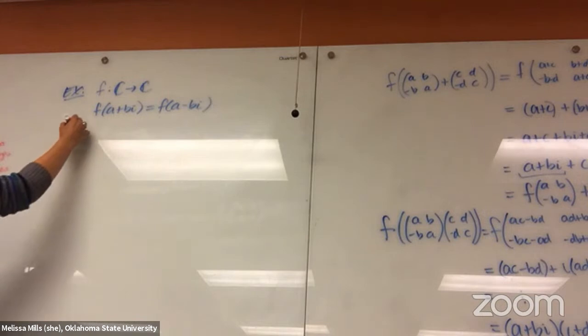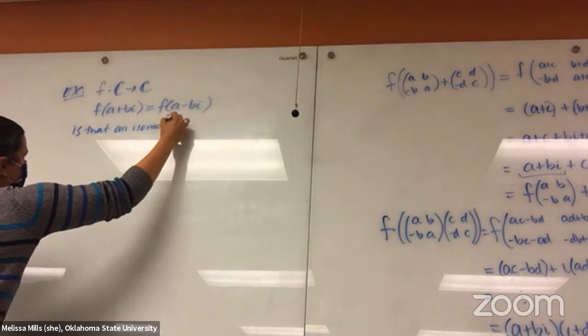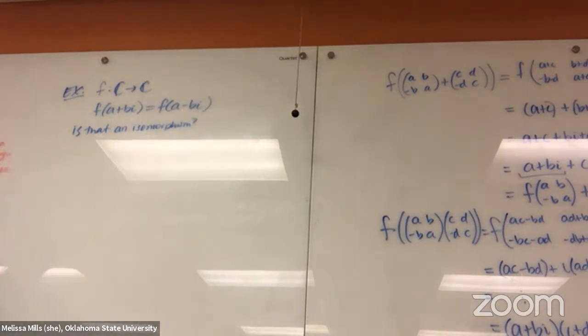Is that an isomorphism? So you're mapping each element to its complex conjugate. Okay. Which parts of this do you want to start on?